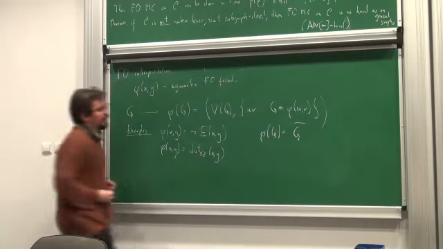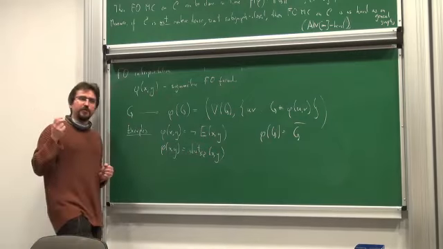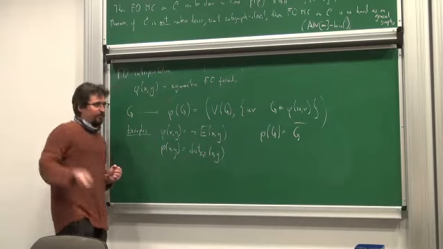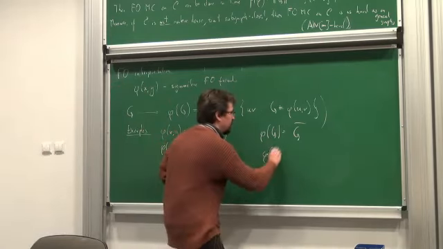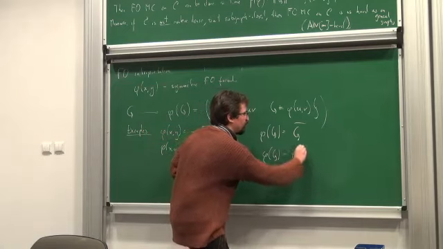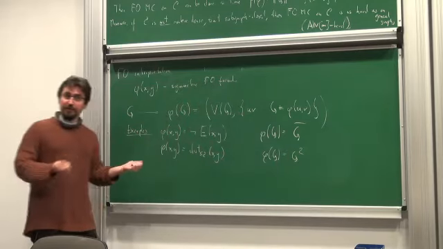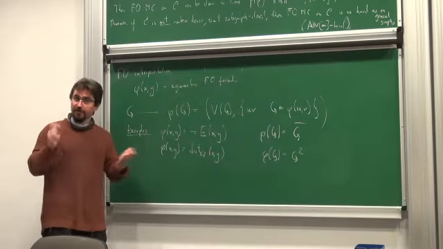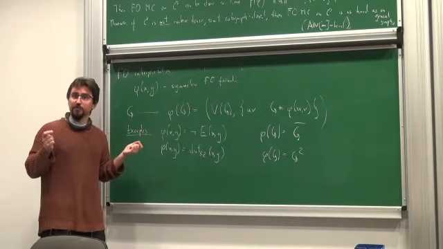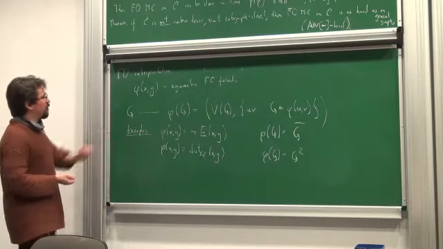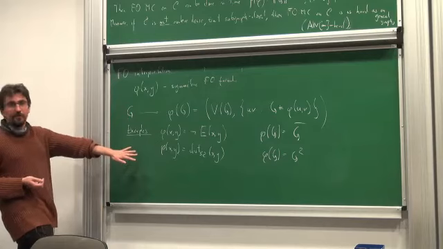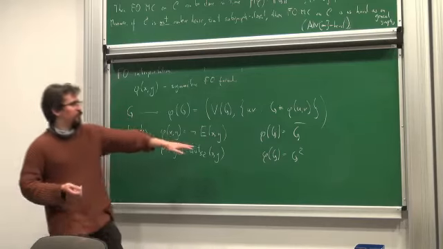So I'm putting an edge whenever the two vertices are at distance at most 2 from each other. Then phi of G is just the so-called square of a graph: a graph on the same vertex set where I'm putting an edge whenever the distance between two vertices is at most 2. So this is a way of taking one graph and deriving another graph through describing the new edge relation in logic.